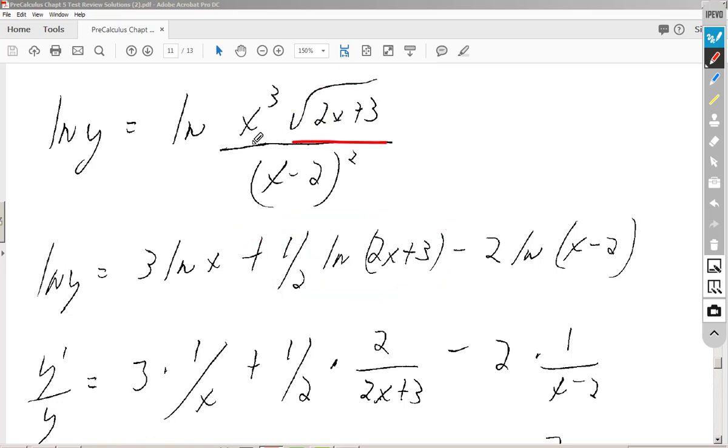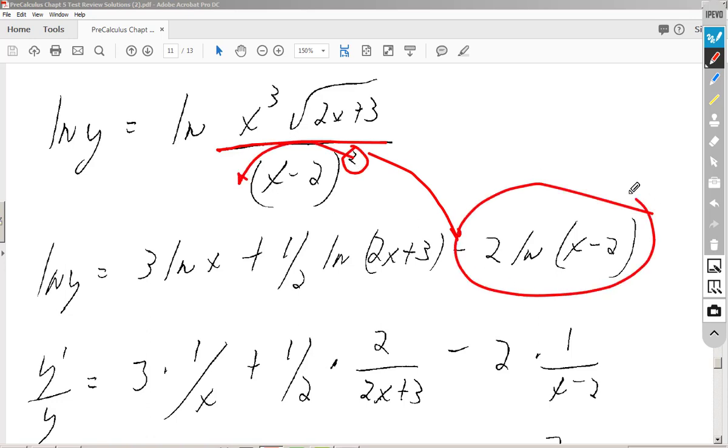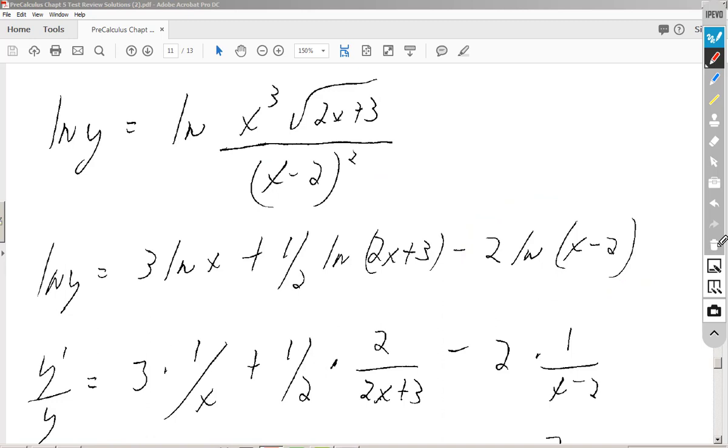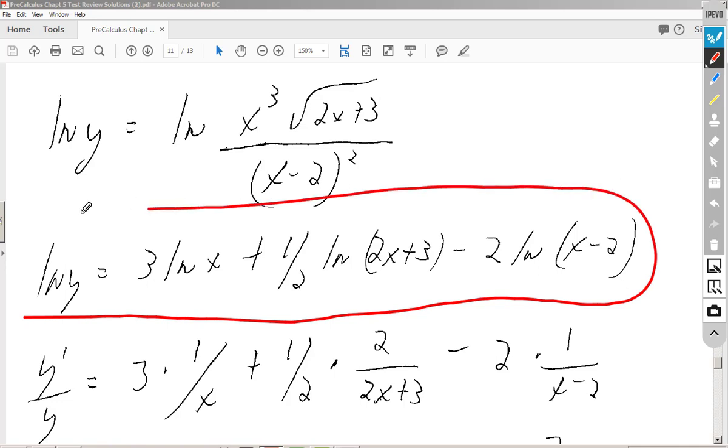And then this division means subtraction, and my 2 goes out in front. So expanding this equation out using my algebra, I now have the ln of y equals 3 ln of x plus 1/2 ln of 2x plus 3 minus 2 ln of x minus 2.